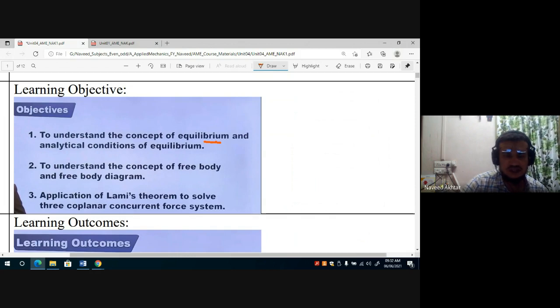Also to understand the concept of free body and free body diagram, and also application of Lami's theorem to solve three coplanar concurrent force system. This is the learning objective for your equilibrium.